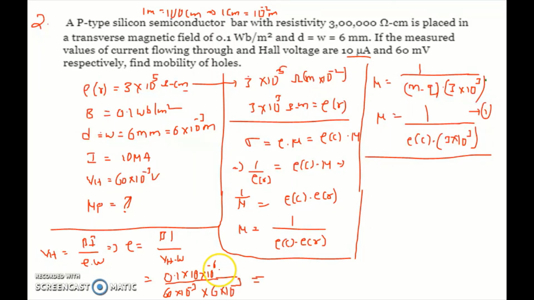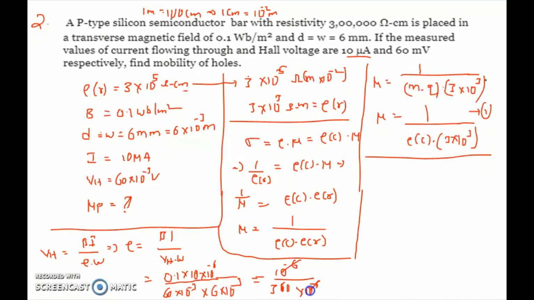So if you solve this, it is 10 power minus 1 into 10 power minus 6, that means 10 power minus 7, and here 10 power 1 is there, that means 10 power minus 6 divided by 10 power minus 3 and 10 power minus 3. And here 60 into 6 is 360 into 10 power minus 6.